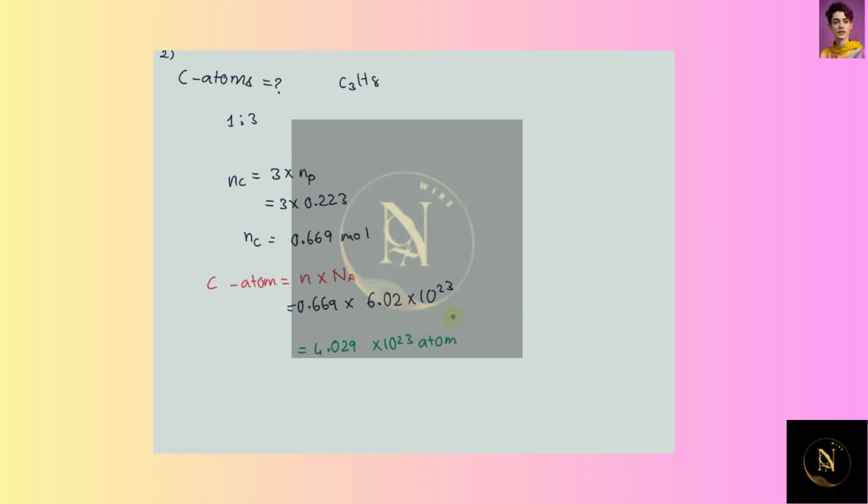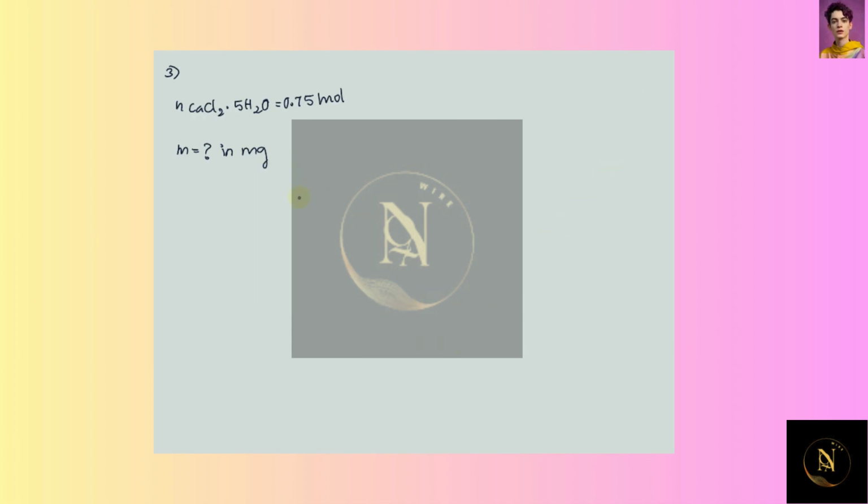Coming to the third part of the question, here the number of moles of the calcium chloride pentahydrate has been given. We have to find out the mass of the calcium chloride pentahydrate in milligram. So for that we are using the formula mass is equal to number of moles into molar mass of the calcium chloride pentahydrate. Substituting the value 0.75 into molar mass of the calcium chloride pentahydrate, which is 201.06.